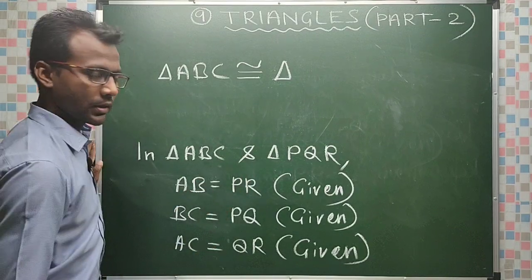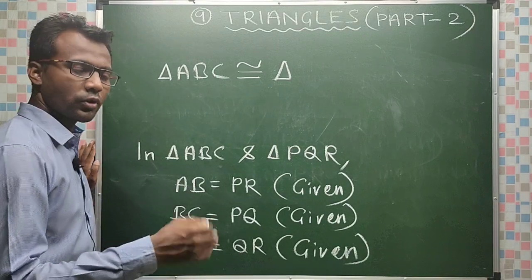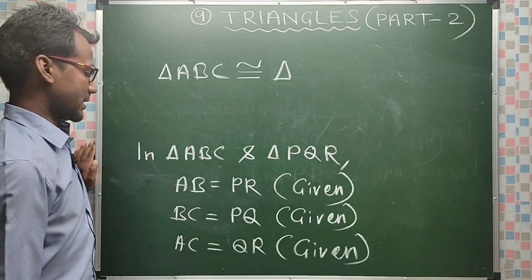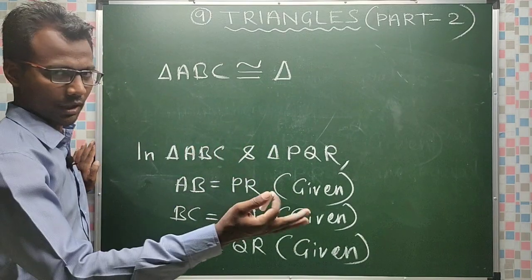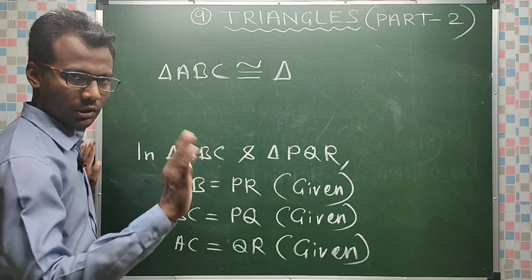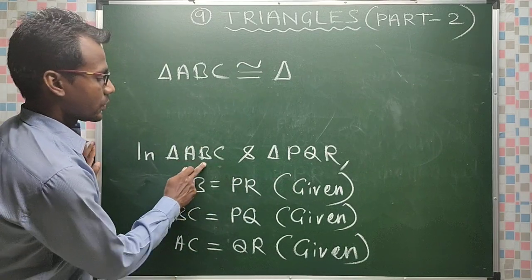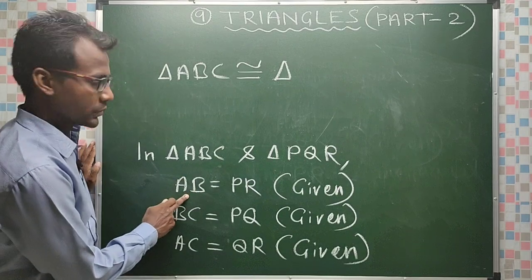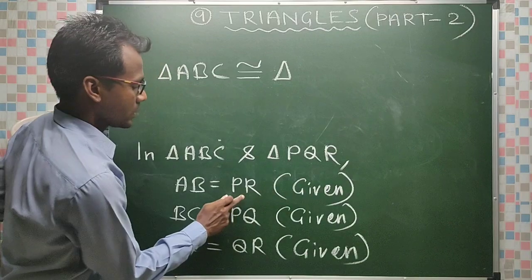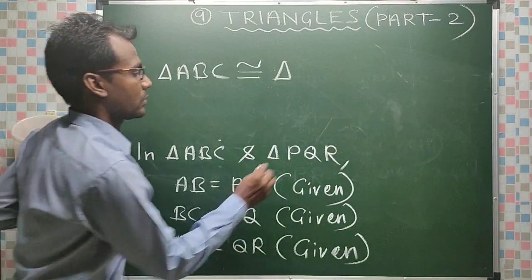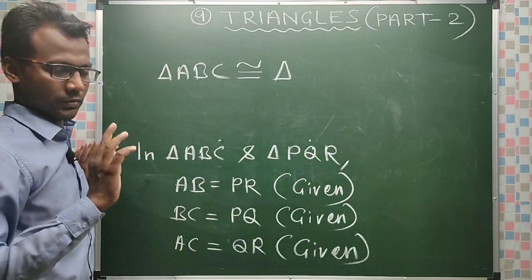AB is equal to PR, that means these two sides are corresponding sides. So which will be the corresponding vertices? The opposite vertices. Once you get this, you don't need the triangle. In triangle ABC, which vertex is opposite to AB? Obviously C. In triangle PQR, which vertex is opposite to side PR? Obviously Q. So C and Q are corresponding vertices.